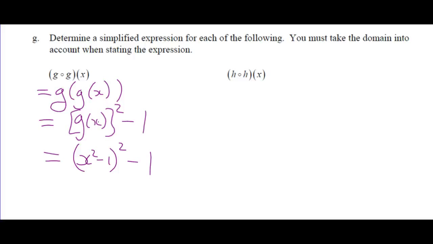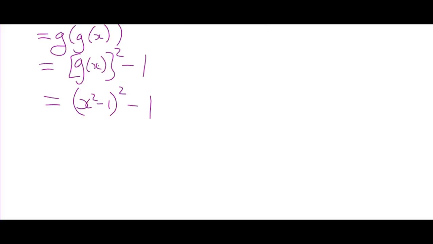So we got x squared minus 1 squared, which is x to the 4th minus 2x squared plus 1, minus 1. This minus 1 is this guy here, right? So that'll be x to the fourth minus 2x squared. Now, is there any restriction on fourthing and squaring and subtracting?